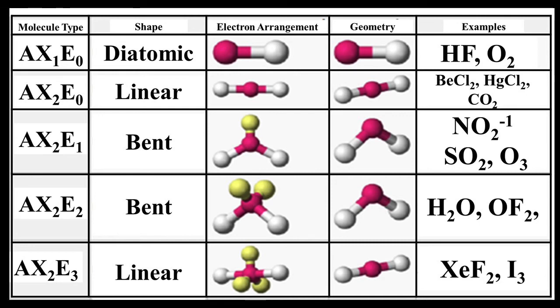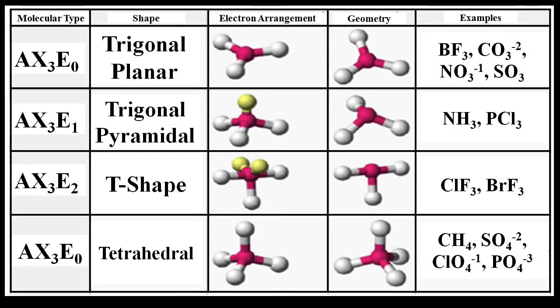Then we have additional ones that are a little more complex, where you see the E3, that means how many unshared pairs of electrons there are. Then you have the trigonal planar, where you have no excess electrons, the yellow being the excess electrons. Then the trigonal pyramid, the T-shape, where you have AX3E2.